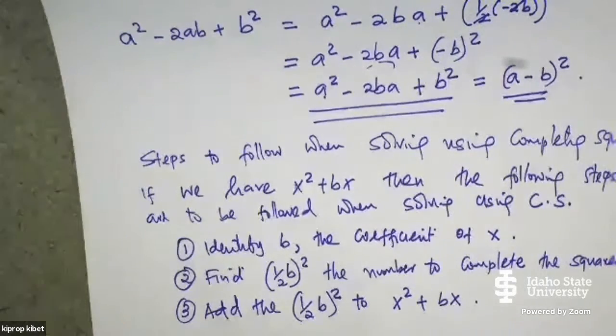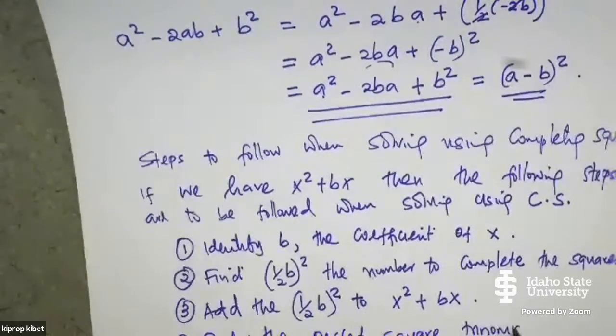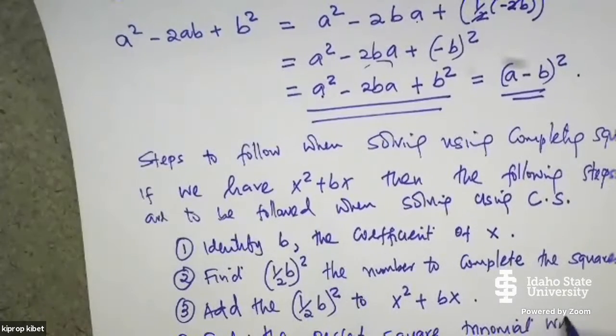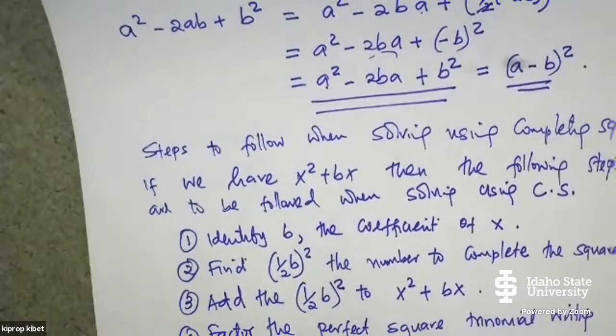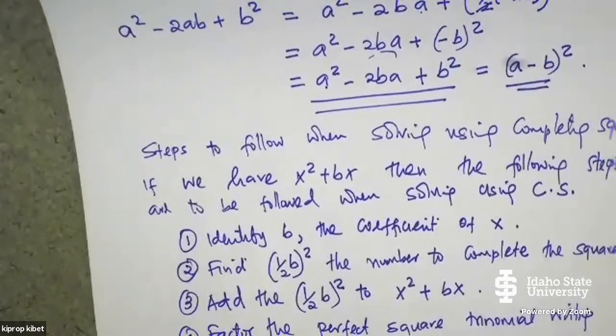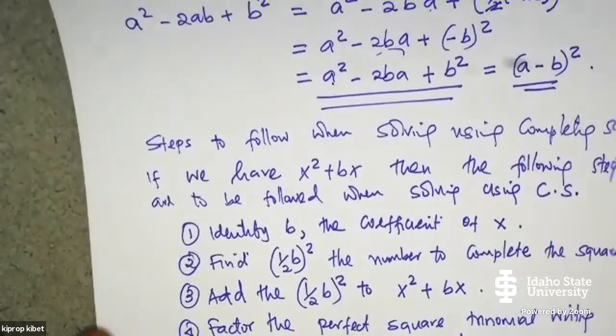And then number 4, factor the perfect square trinomial, writing it as a binomial squared.